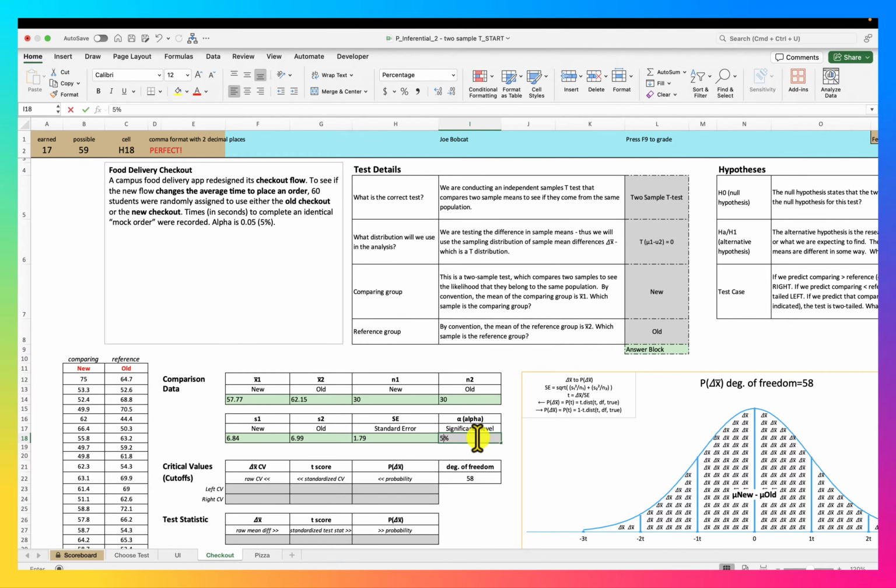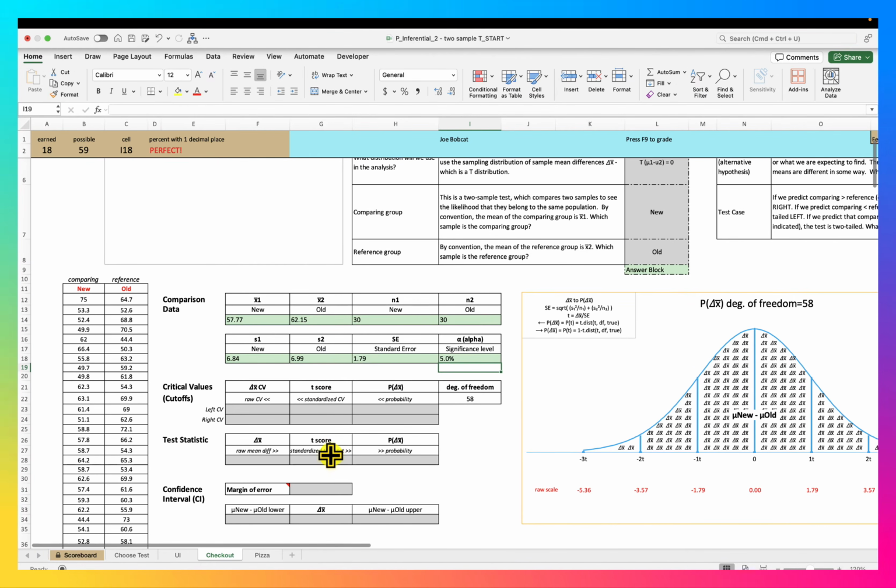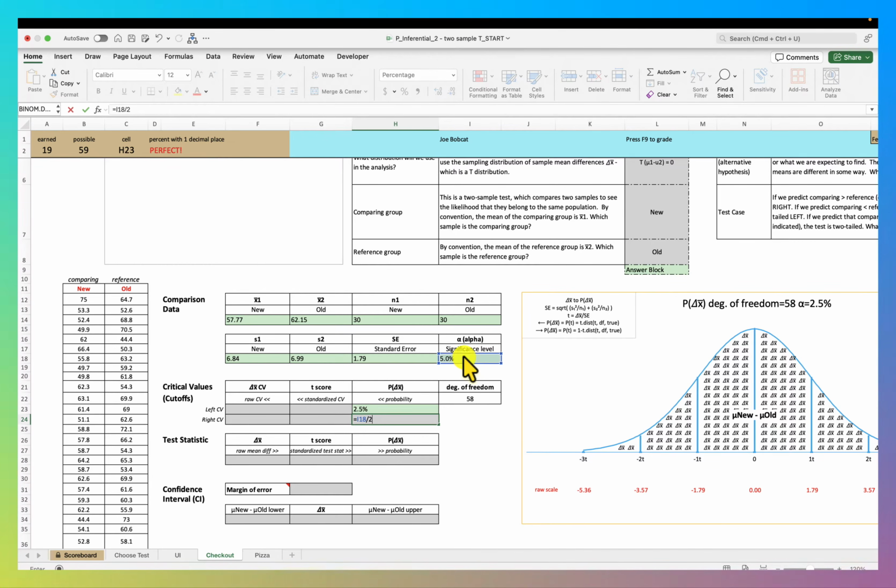Alpha is 5%. And the probability, we're going to divide alpha by 2 for each of these, since it's a two-tailed test. And then do t dot inverse. Starting out with an equal sign might help. Probability and the degrees of freedom, which again we're not making you calculate.